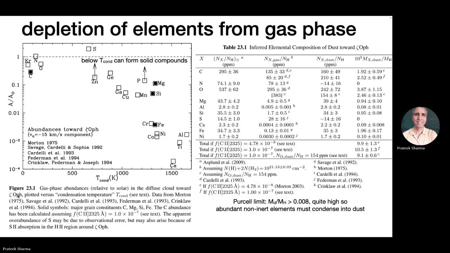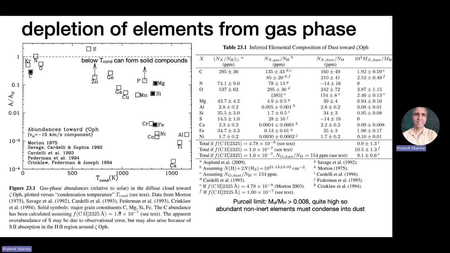This is a star. It is plotted versus condensation temperature, T condensation. Condensation temperature is the temperature below which grains can exist in the solid form. If your temperature is above it, they are all evaporated, and their constituents become part of the gas phase.